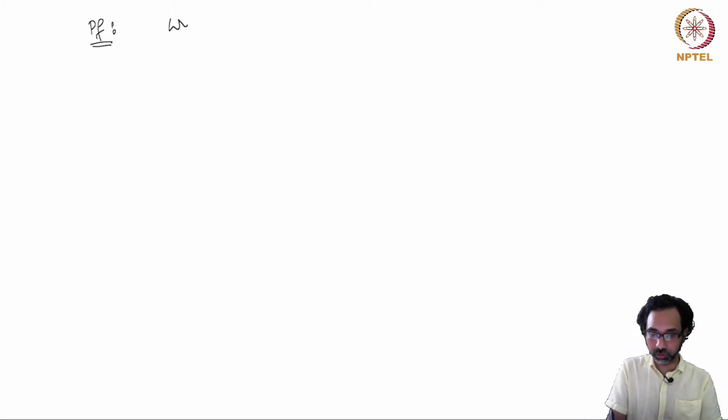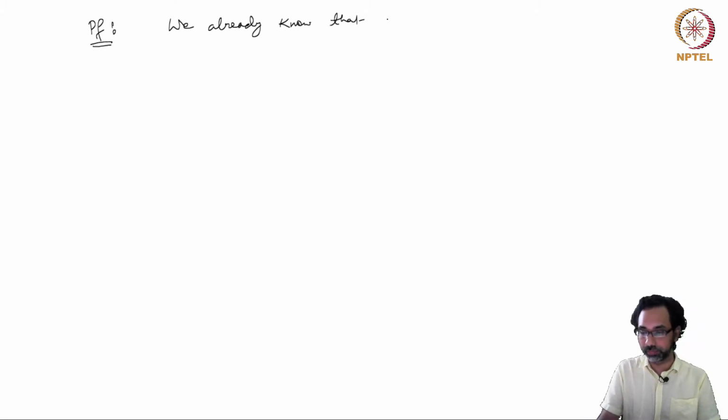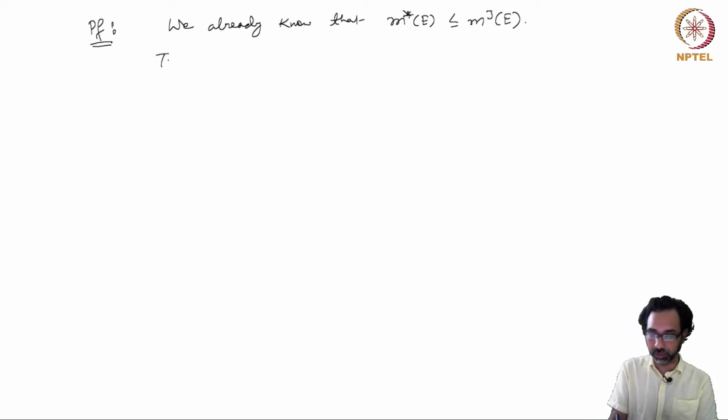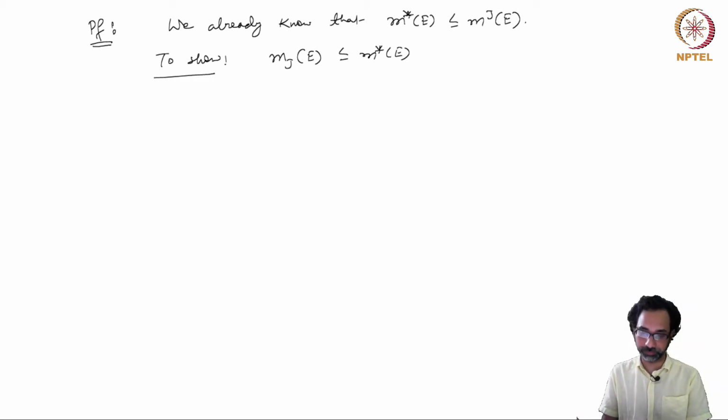So we already know that m star E is bounded above by the Jordan outer measure. So we have to show that the Jordan inner measure is bounded above by the Lebesgue outer measure.